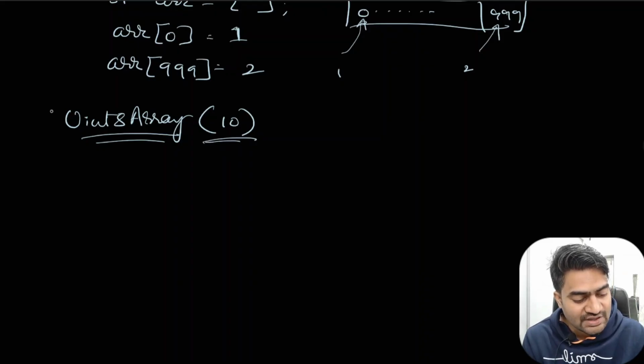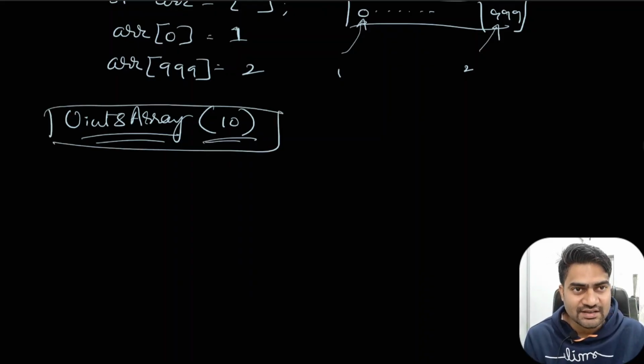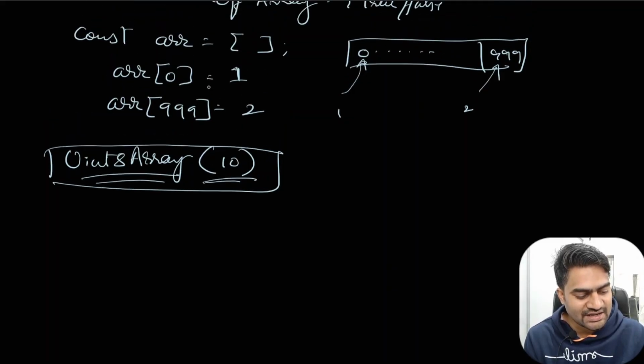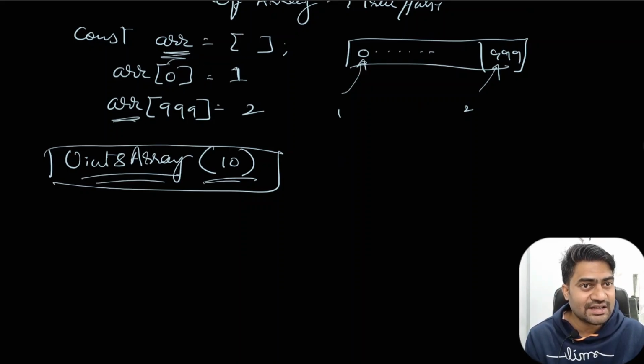If we create an array like this, it will be of constant size. Whatever we discussed till now won't really apply here. If you create this as an unsigned int array of some size, maybe 1000, then it will clearly create 1000 blocks. So this is how we can create strongly typed arrays. Okay.